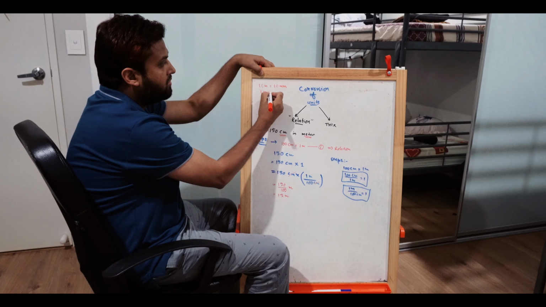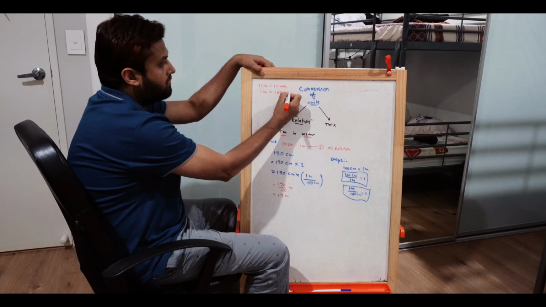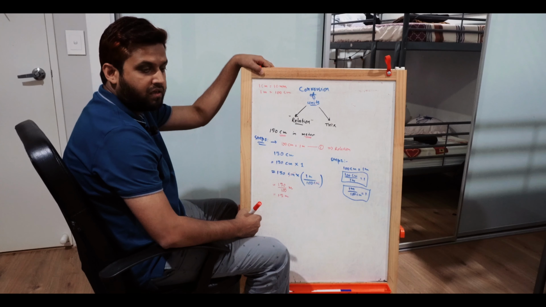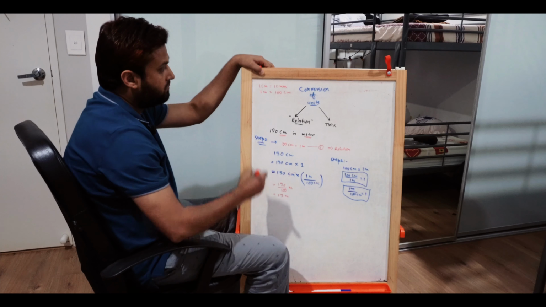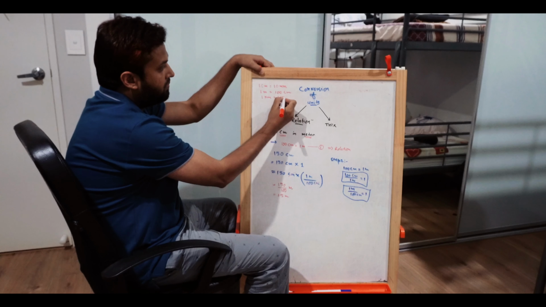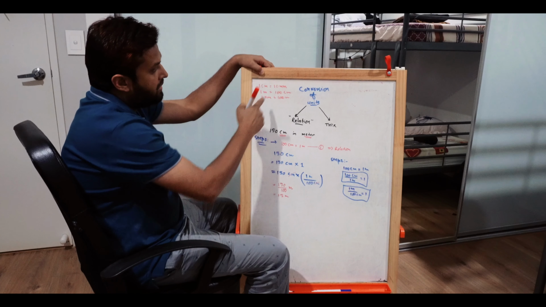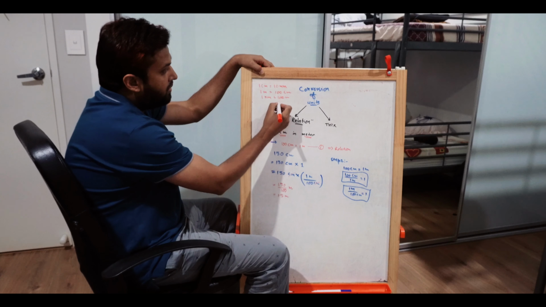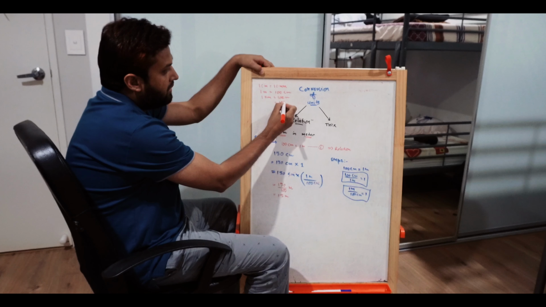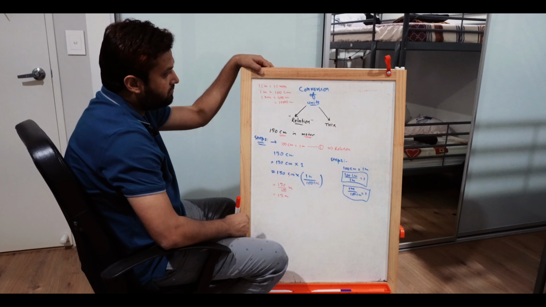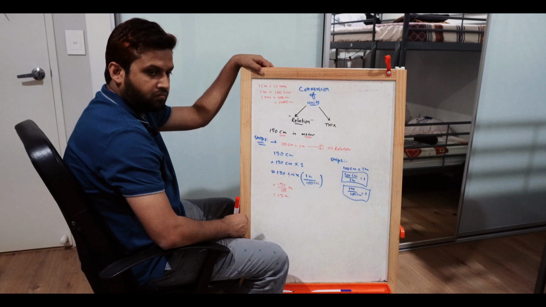Now 1 meter equals 100 centimeters. Is there any more relation in length you should know? Yes, 1 kilometer equals 1,000 meters. See here, 10, 100, 1000. What is 10,000 meter called? That's 10 kilometers.